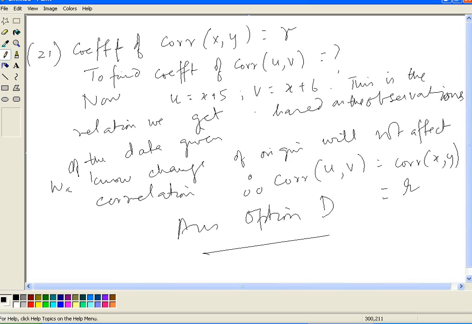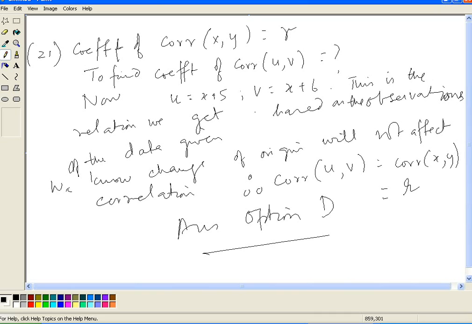Now, based on the observation of the distribution of data, u is related to x by the formula u equal to x plus 5, and v is equal to y plus 6. This is the observation we get based on the data given.